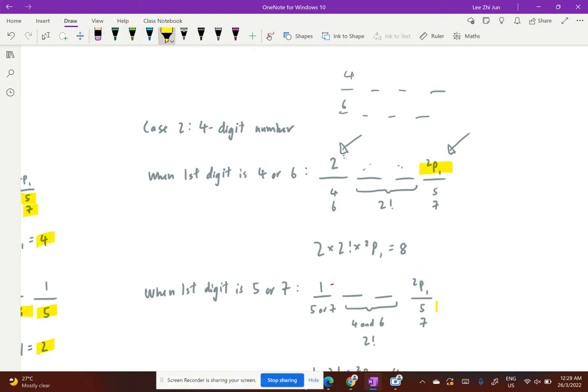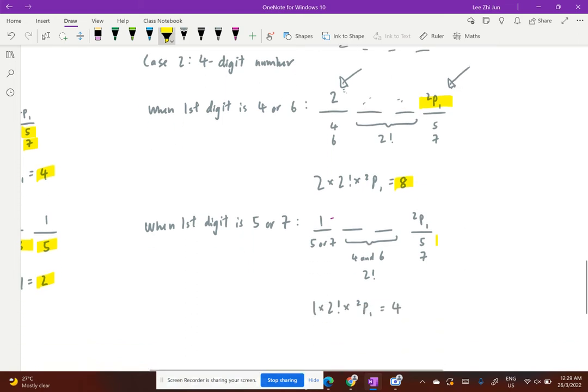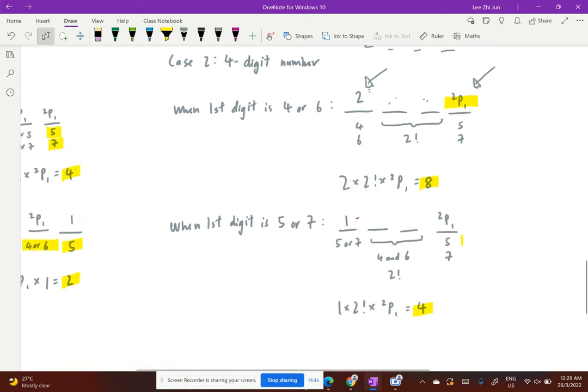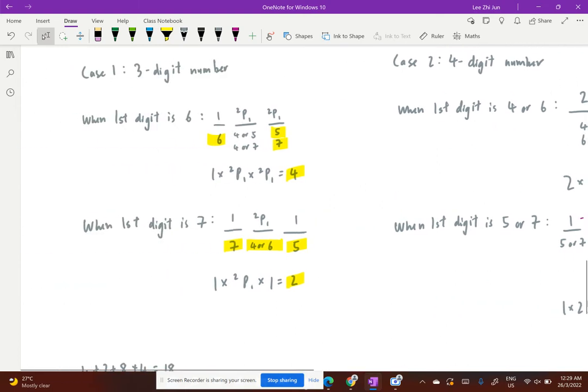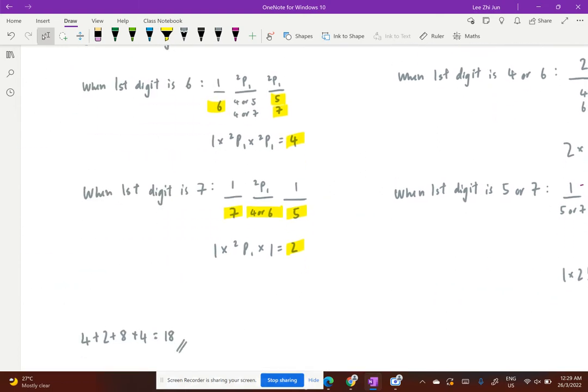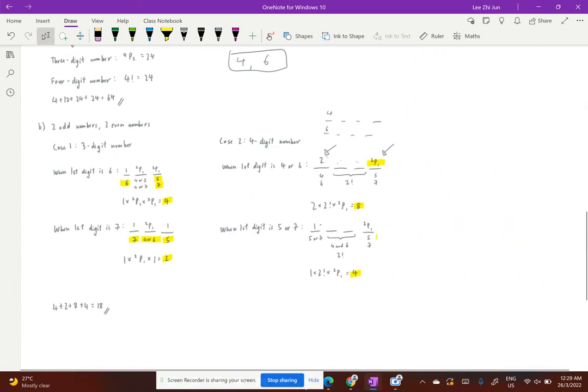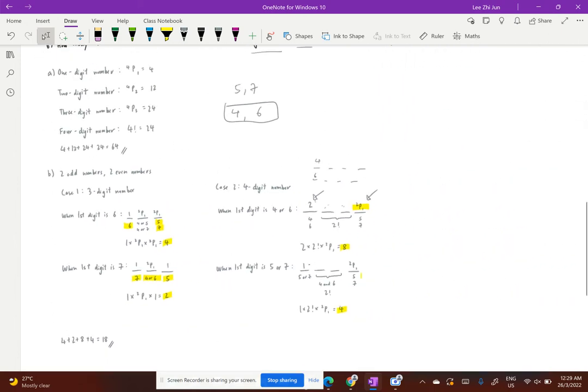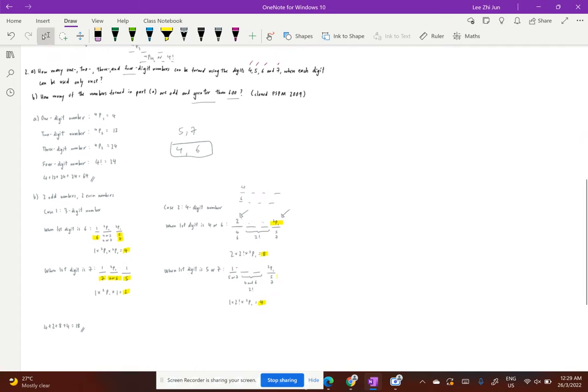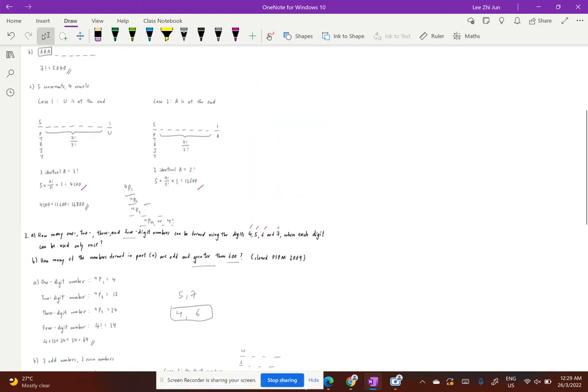So the third case will be 8 and the fourth case will be 4. So I total up 4 plus 2 plus 8 plus 4, and I will get 18. Okay, let me just go up first.